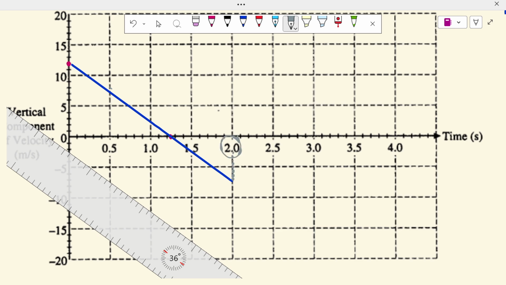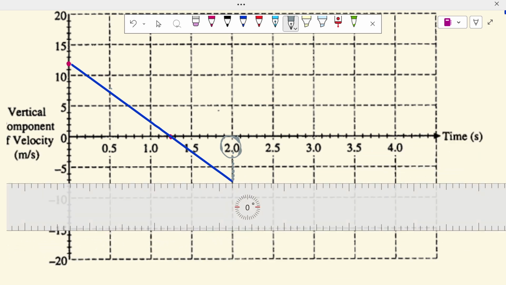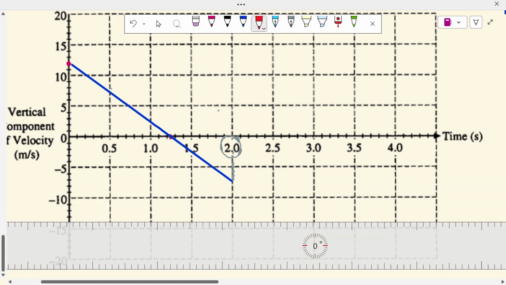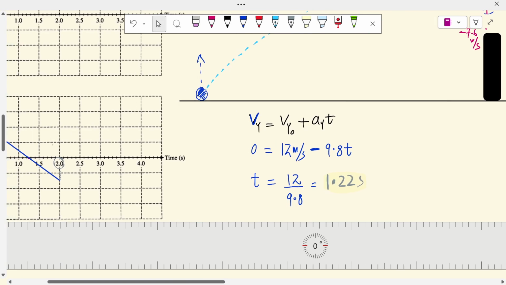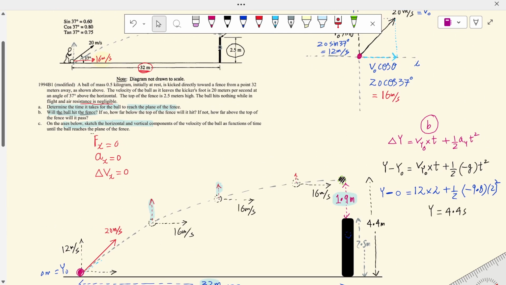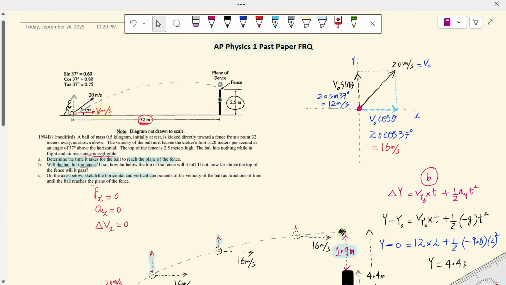You can see exactly at this point, at 2 seconds, the velocity is negative 7.6 meters per second, which we had already calculated with the help of the equation. Okay students, so this is the whole question about the projectile. I hope you understand this question and its solution.